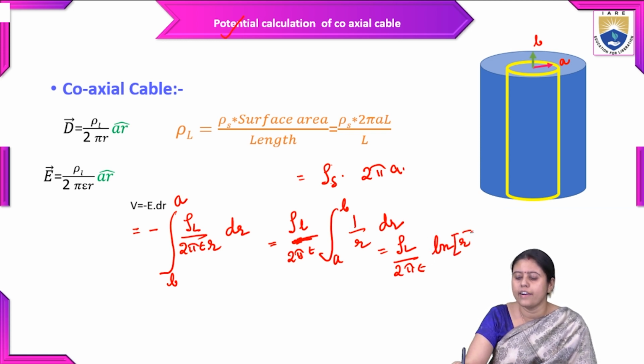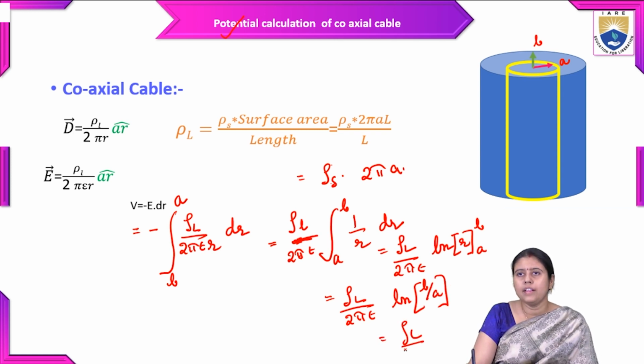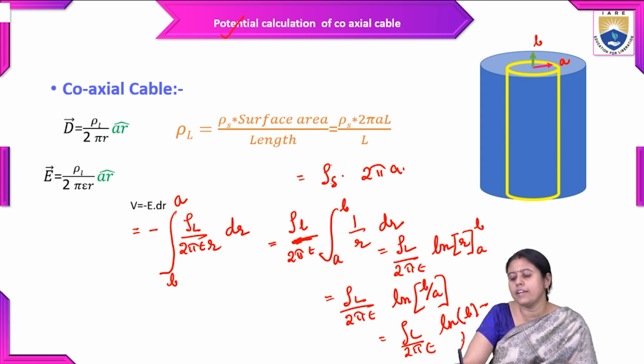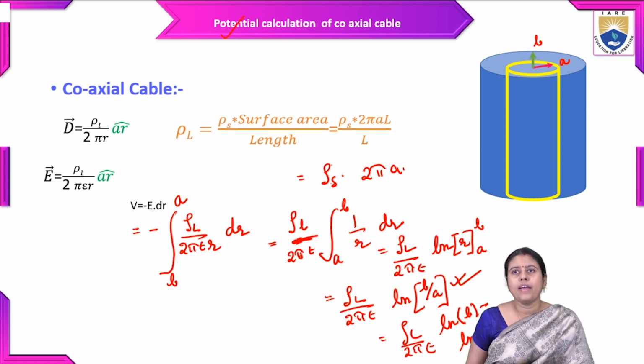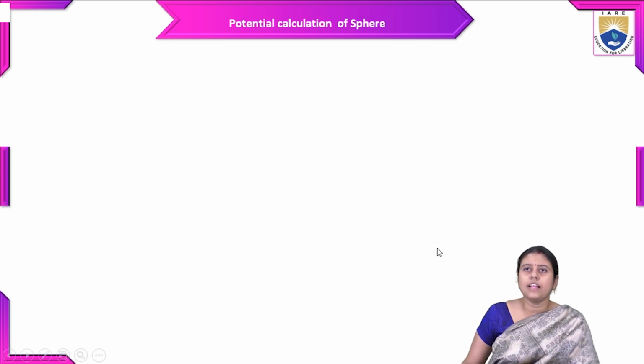It is ln R, from A to B: ln B minus ln A. So rho L by 2 pi epsilon ln B minus ln A, or we can write ln B minus ln A is equal to ln B by A. So this is the potential of a coaxial cable.